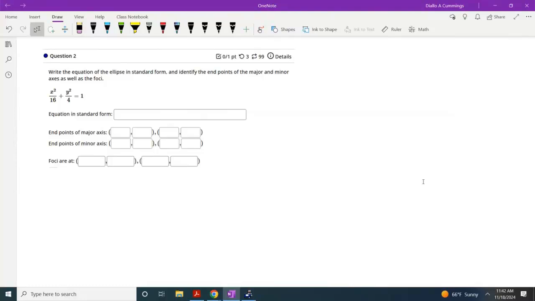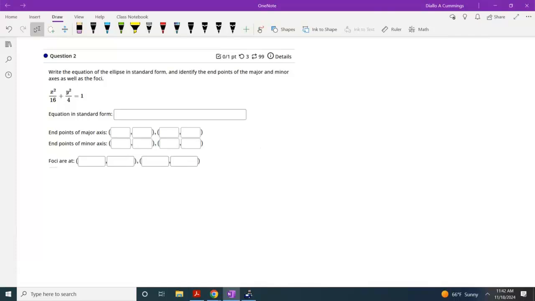So let's take a look at problem number 2. It says write the equation of the ellipse in standard form and identify the endpoints of the major and minor axes as well as the foci. All right, so first thing it asks us to do is write the equation in standard form.